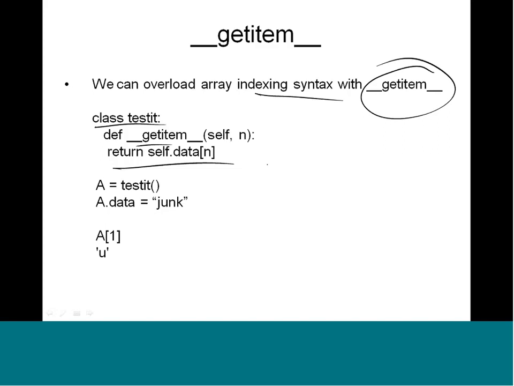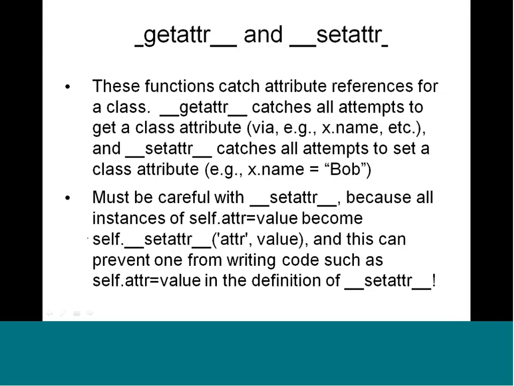And now when we want to use this test it, we can just say a is equal to test it, a.data equal to jump. So now we get this evaluation here.